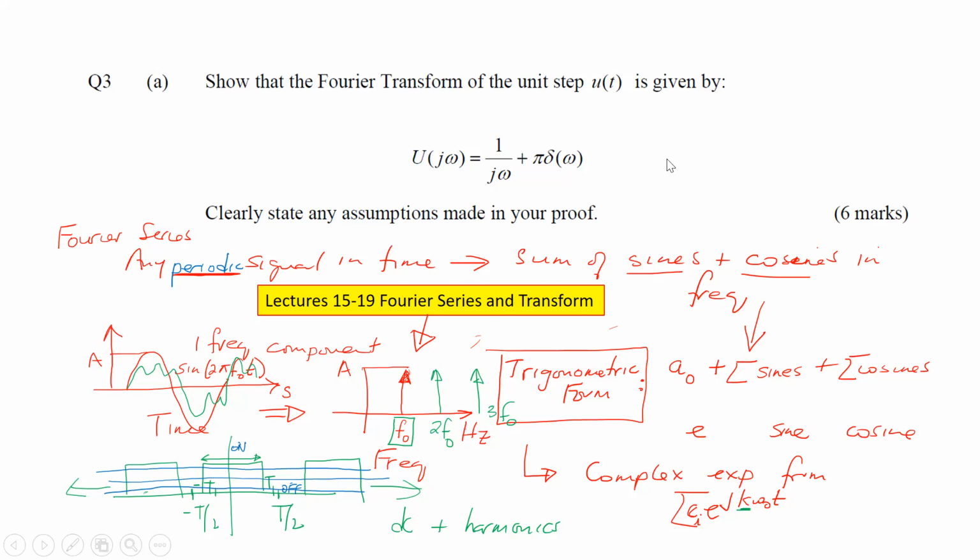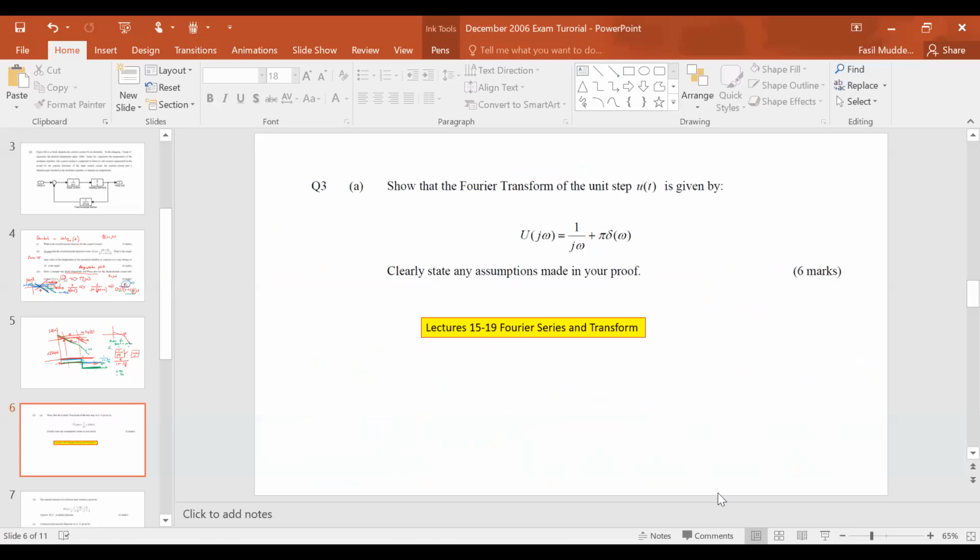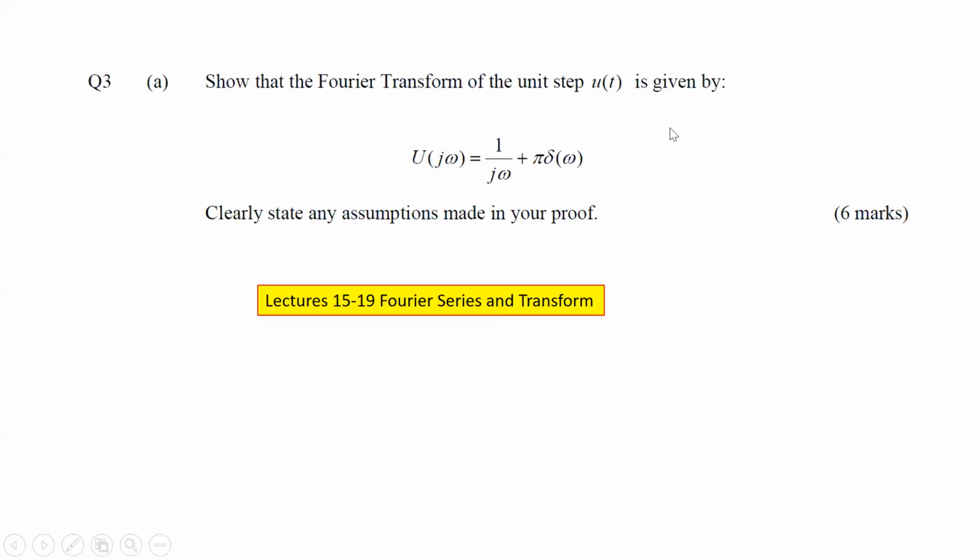And the what-next part was that, like engineers, we think outside the box a little bit. What exactly do you mean by not periodic? Not periodic means that it never repeats.